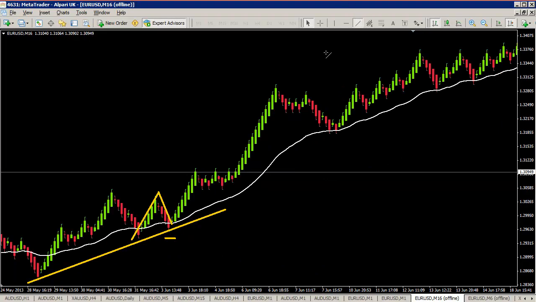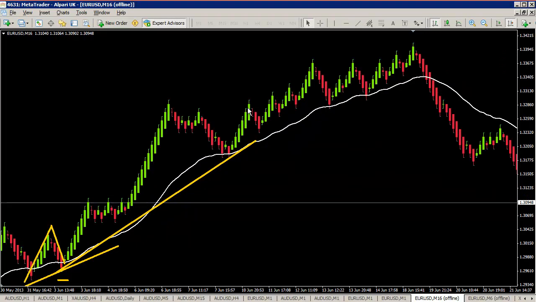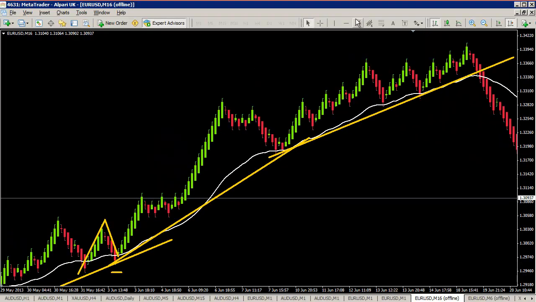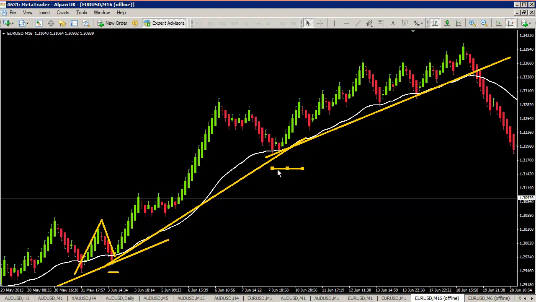And later on you see the price is changing the angle a little bit. The trend line is going to change its angle here a little bit, and then like this. And in the end the price breaks, and if you trail your stop, like always, every time the price creates higher points and you take it, sorry, I want to grab that line here.